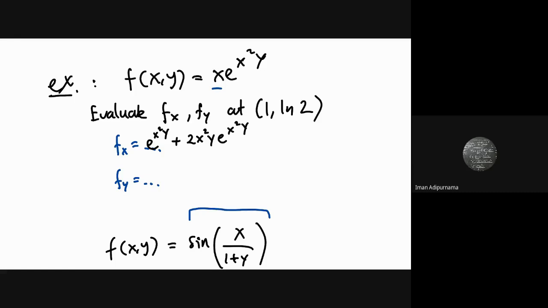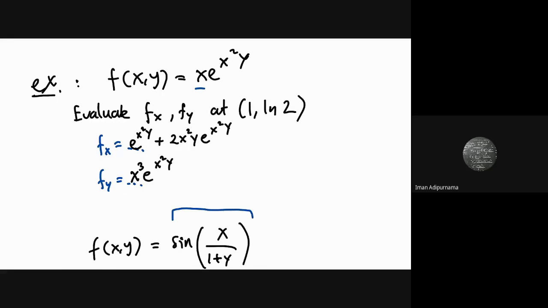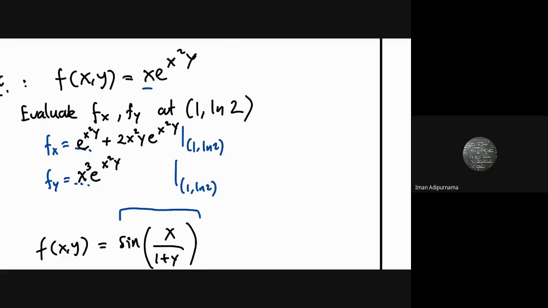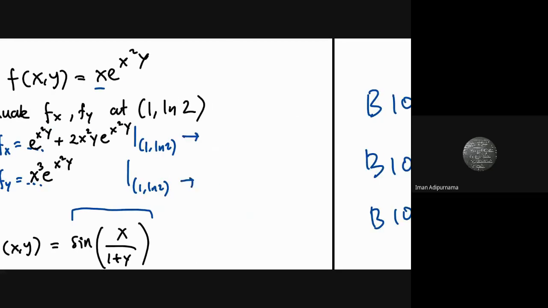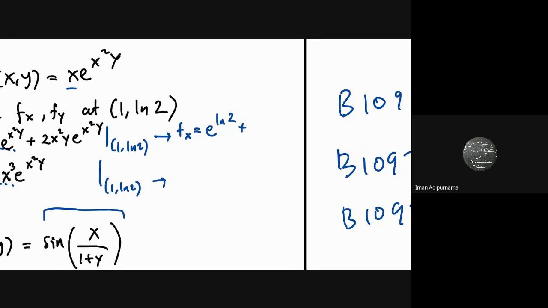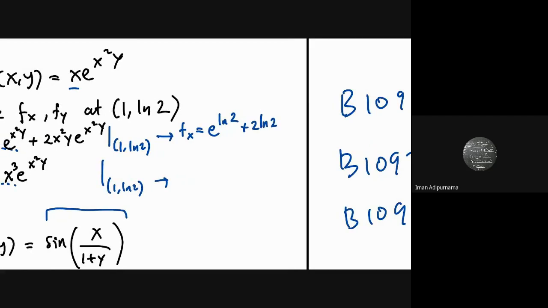And Fy becomes x cubed, and then e to the x squared y, right? And we apply the coordinates, and this will become, so fx is e to the ln 2 plus 2 ln 2 e to the ln 2.